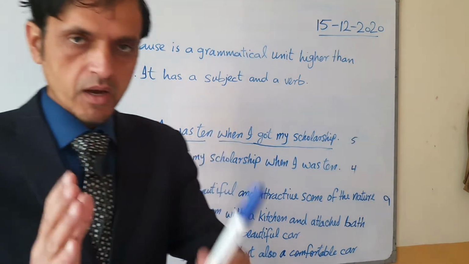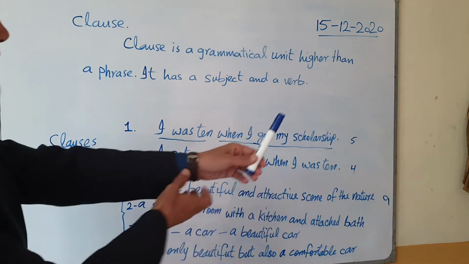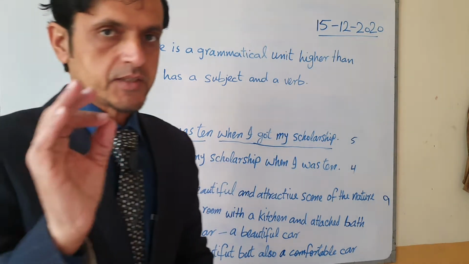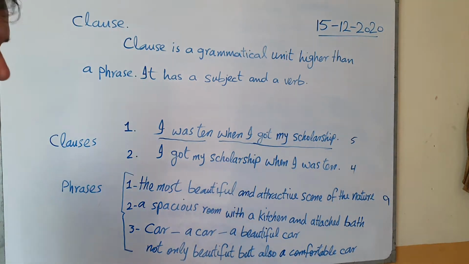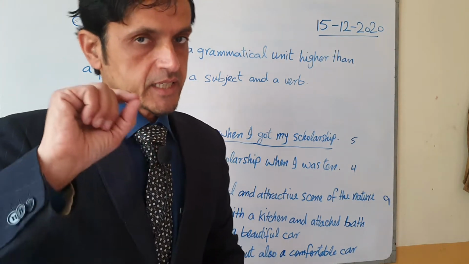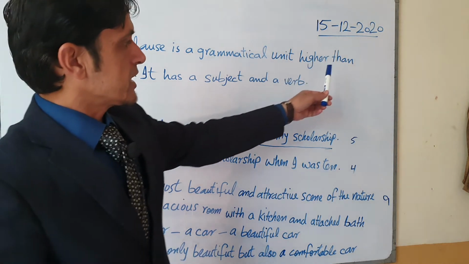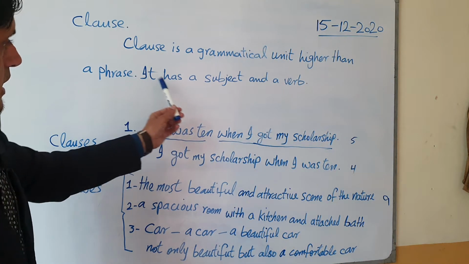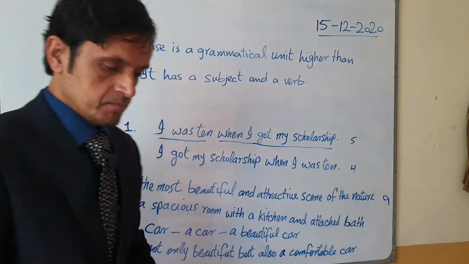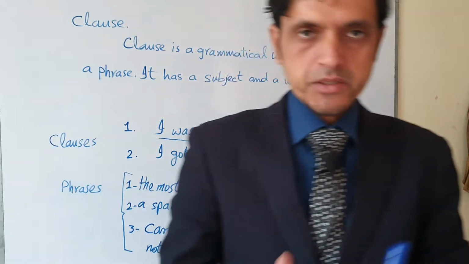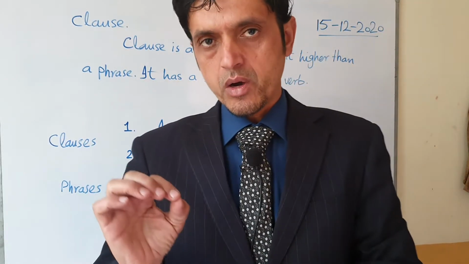Clause. What is a clause? Here you can find a concise definition of clause in grammar. A clause is a grammatical unit higher than a phrase. It has a subject and a verb. So this is a concise definition of a clause.